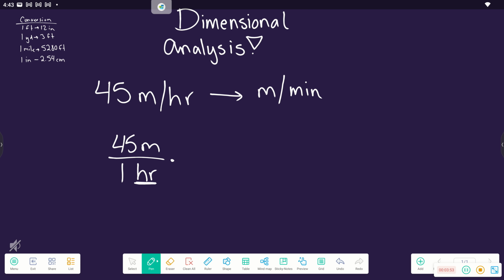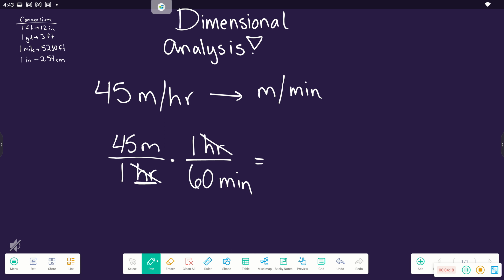So if I want it on a diagonal from this, I have 1 hour is 60 minutes. By doing this in a dimensional analysis, our units are the things that cancel out. Instead of canceling out a number, we are canceling out a unit.